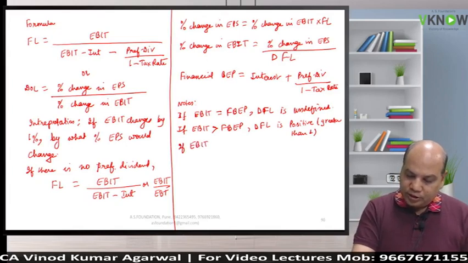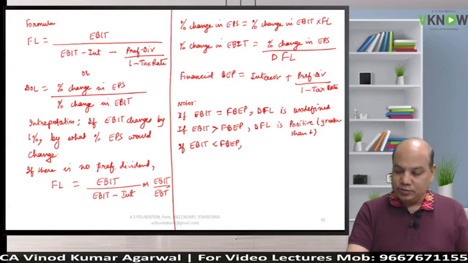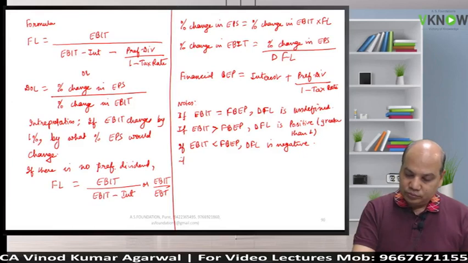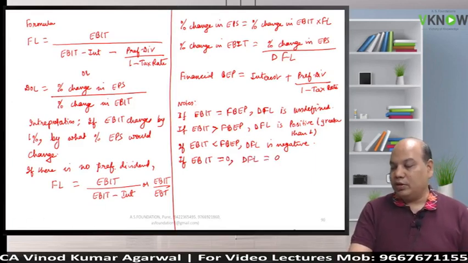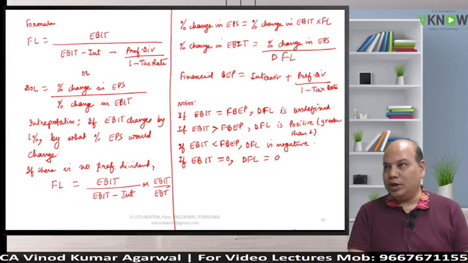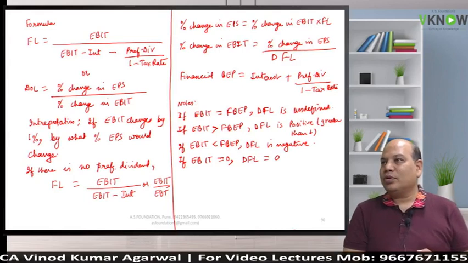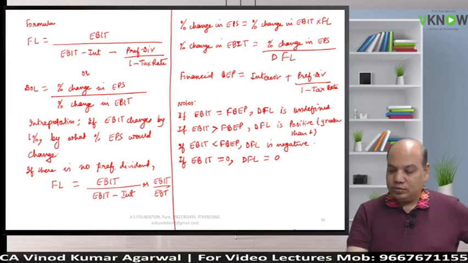If EBIT is less than the financial break-even point, DFL is negative. If EBIT is equal to 0, what will DFL be equal to? 0. It is EBIT upon EBT; if the EBIT numerator is 0, the answer will also become 0.